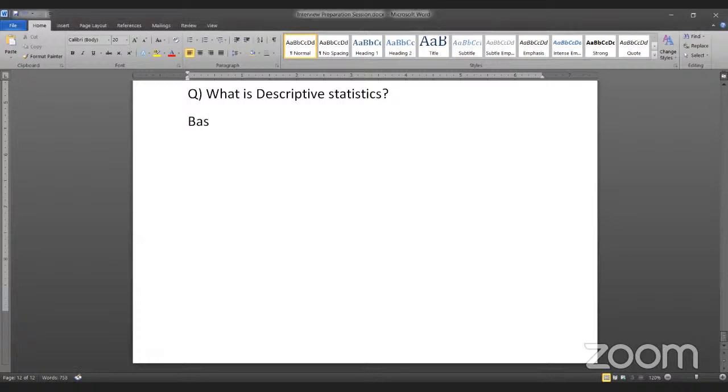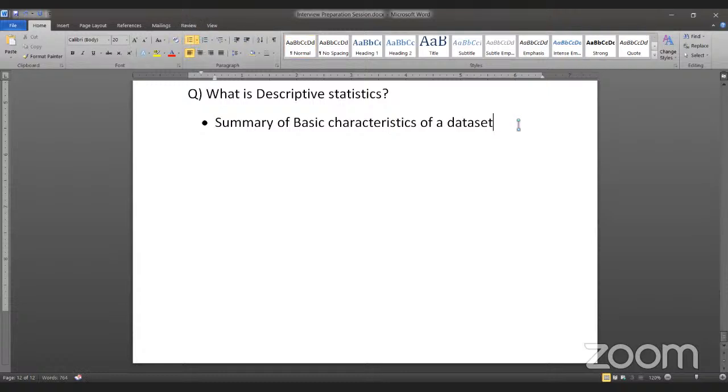Basically, it is a summary of the basic characteristics of a data set.